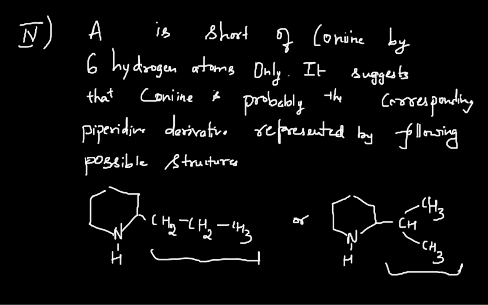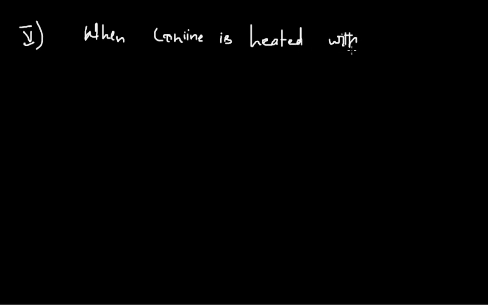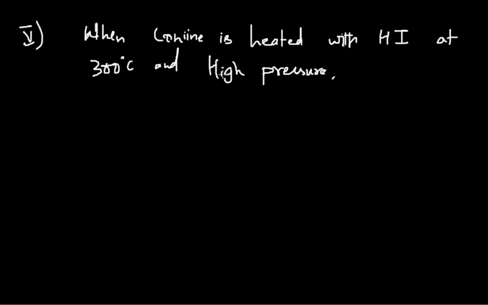So fifth point to note is when coniine is heated with hydroiodic acid, HI, at 300 degrees Celsius and high pressure, coniine gives n-octane and not isooctane.